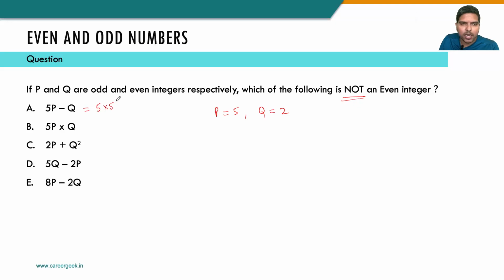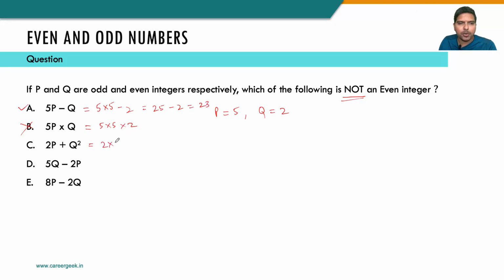5 times 5, negative 2. So it is 25 minus 2, which is 23. So this seems to be the right answer, but I'll check the other ones. 5p multiplied by q. So we know this is even for sure. When you multiply with an even number, the entire value is going to be even.